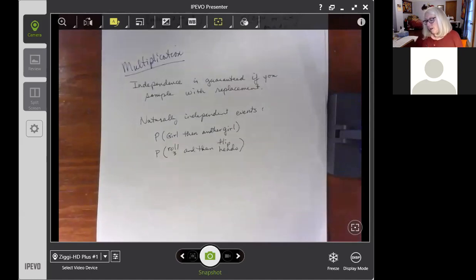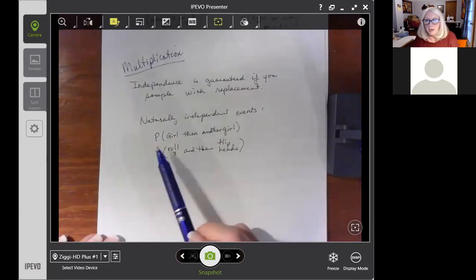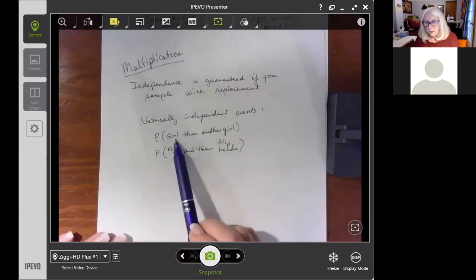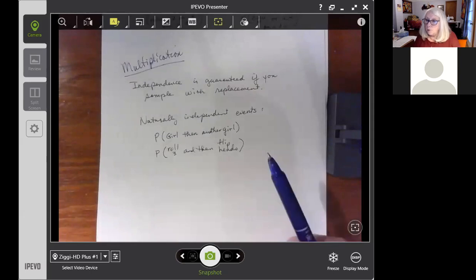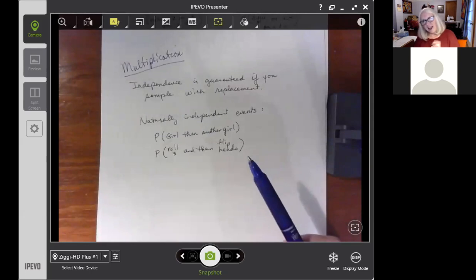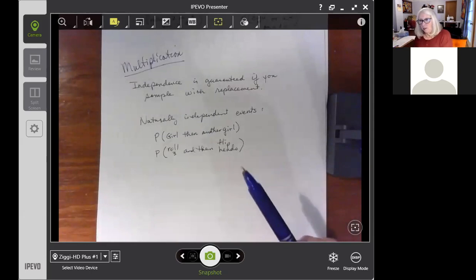So there are some very common naturally independent events. If I wanted to know the probability that in 2 pregnancies I'll have a girl and then another girl, the probabilities are mutually independent of one another. Having a girl in one pregnancy cannot affect whether you have a girl in the next pregnancy.